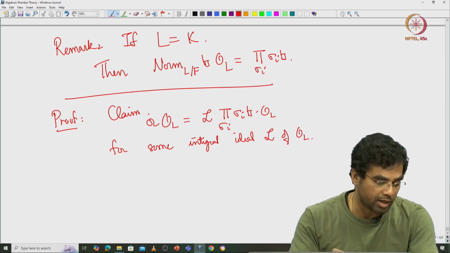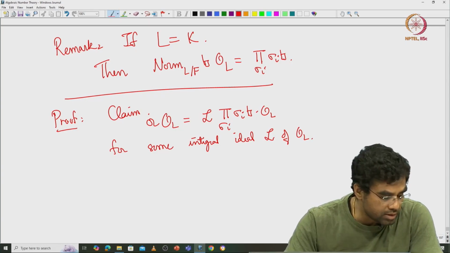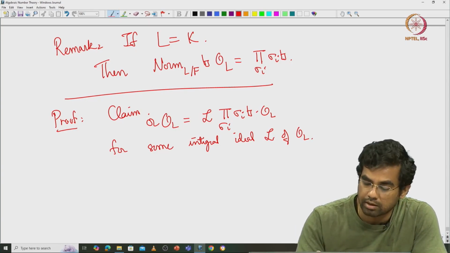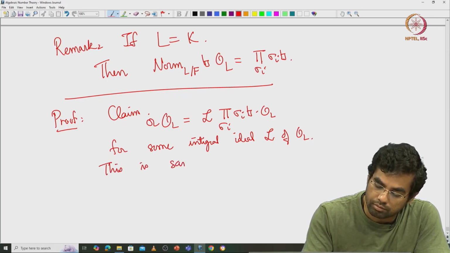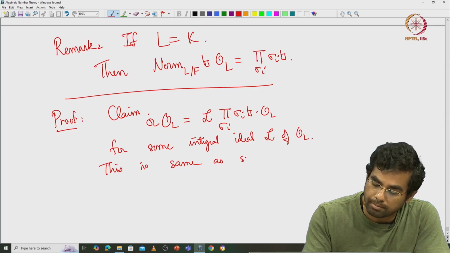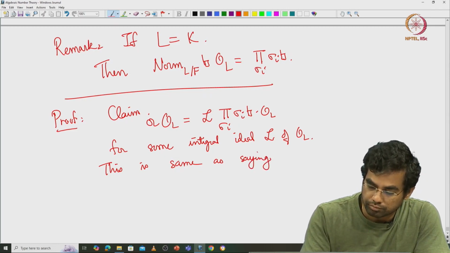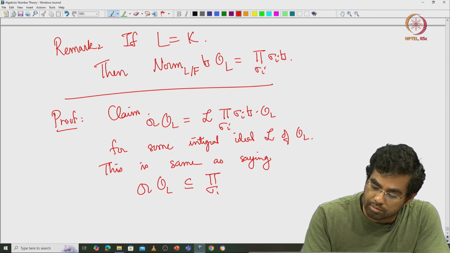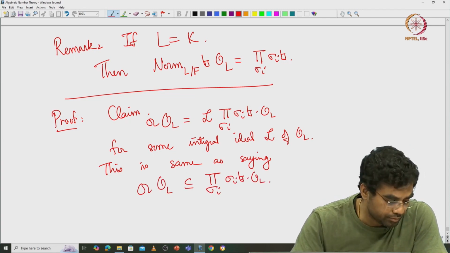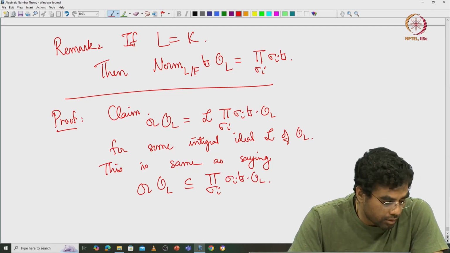So what does this mean? This is the same as saying that A OL is contained in the product of sigma i B times OL.